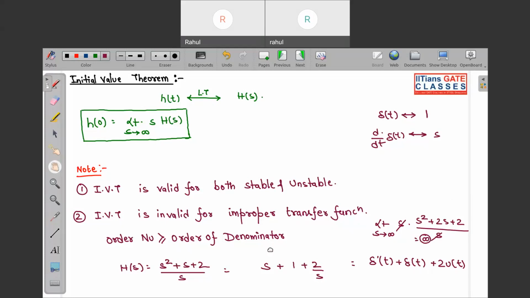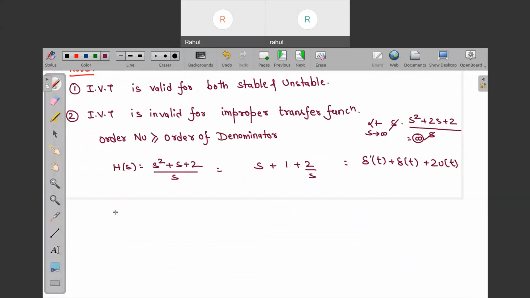But suppose your transfer function was H(s) equal to (s plus 2) by s. If you take the inverse Laplace transform, that will be 1 plus 2 by s, which is delta t plus 2 u(t).